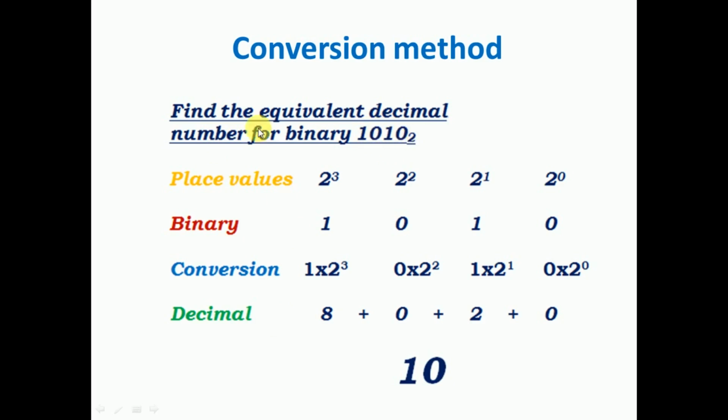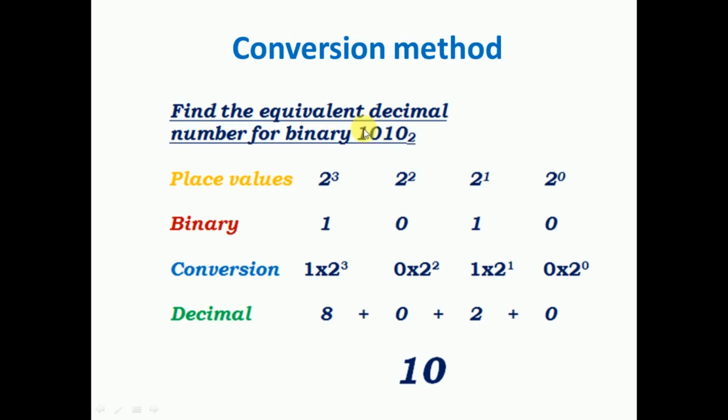In the binary number system, the digits are only 0 and 1, and the place value of every digit will be a power of 2. Here we have written the place values.